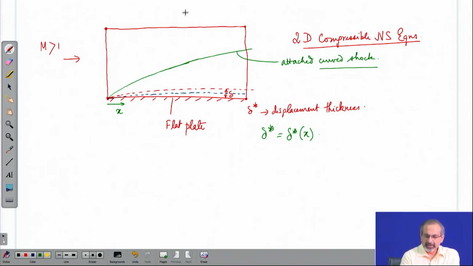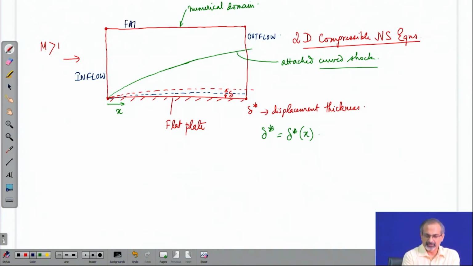Let us try to define a numerical domain such that the shock can be passed through the outflow of the domain. So, the supersonic flow comes into the numerical domain through the inflow, moves out through the outflow, and then it should be able to capture the boundary layer effect and the attached curved shock as it moves.